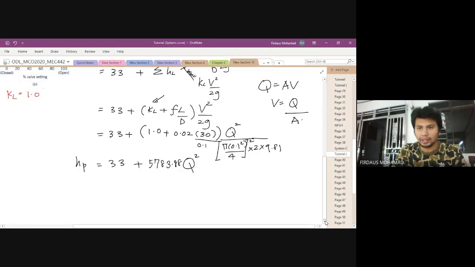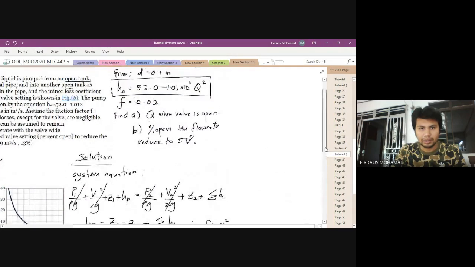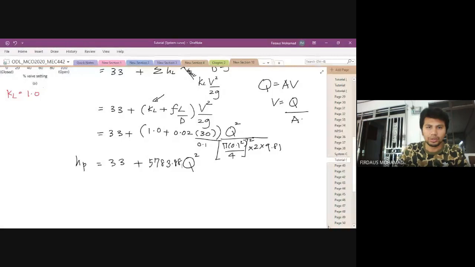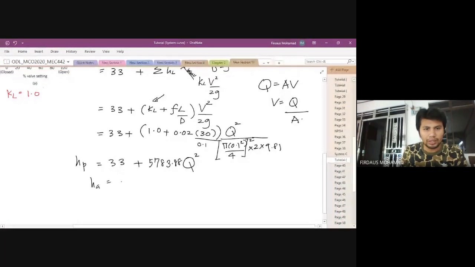So sekarang ni we want to find what is the value of flow rate Q when valve is open. So Q, kita nak cari Q macam mana? Kita samakan equation H A equal to H pump. Okay. So HA ni pump performance curve, variable pump head which is berapa ni?